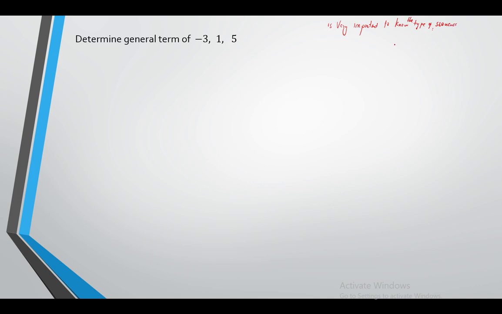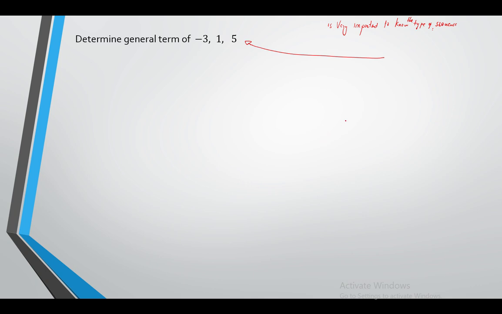So it's very important, guys, to first identify the sequence. Which sequence are we dealing with? I'm talking about this sequence: minus 3, 1, 5. What type of sequence is it? Is it arithmetic? Is it geometric? Is it quadratic? Let's check.